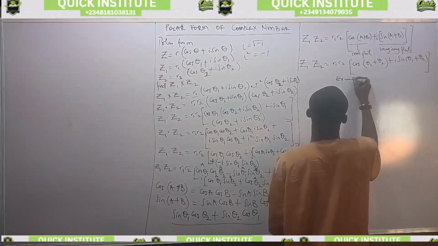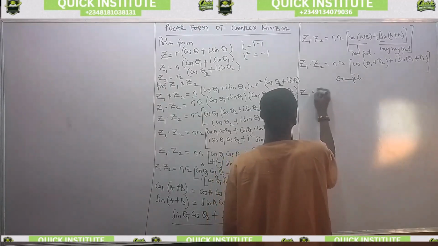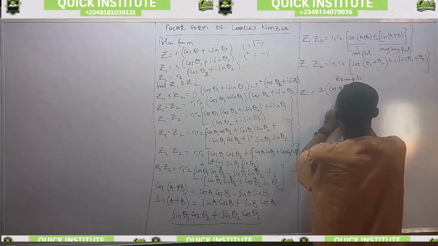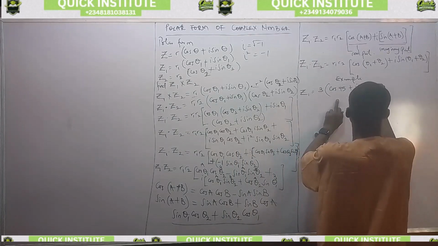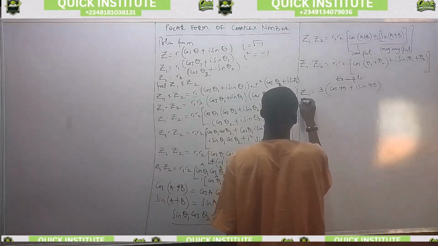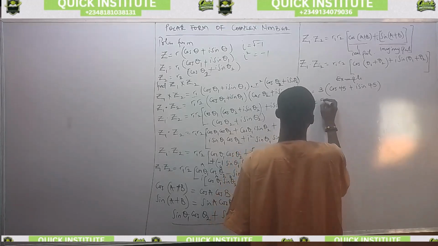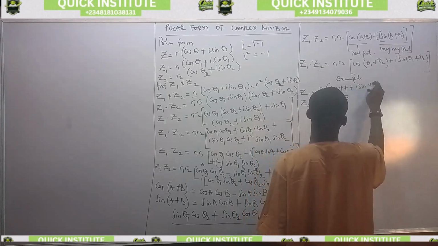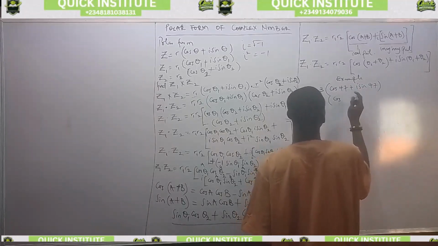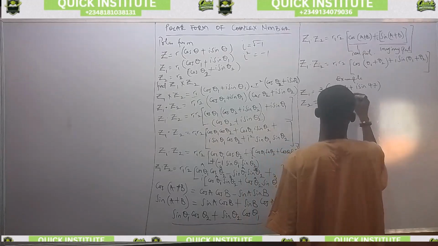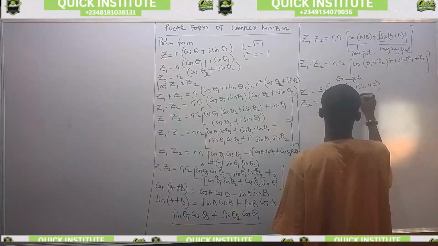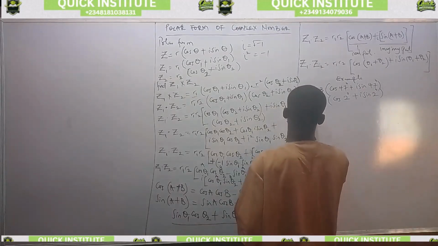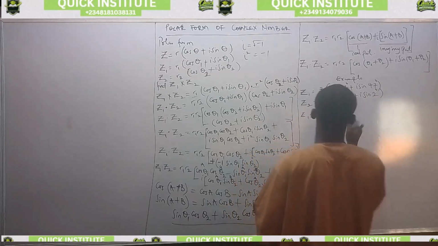Example: it says z1 is 3 (cos 45 plus i sin 45), and z2 is 5 (cos 47 plus i sin 47)... let's say cos 2 degrees and i sin 2 degrees. They say you should find z1 multiplied by z2.